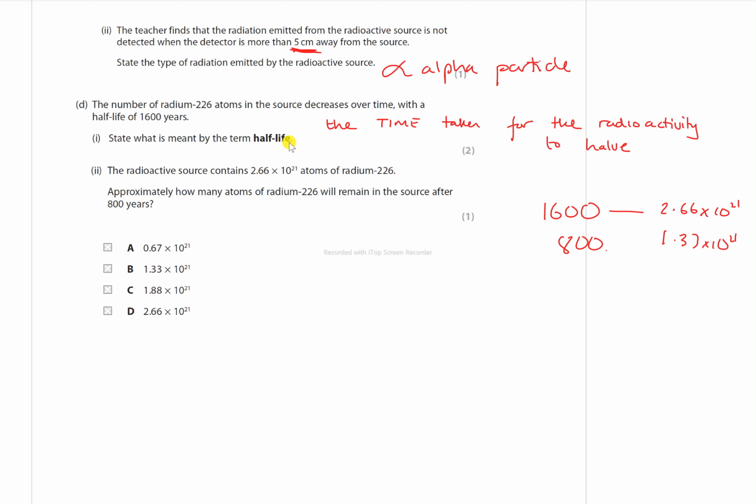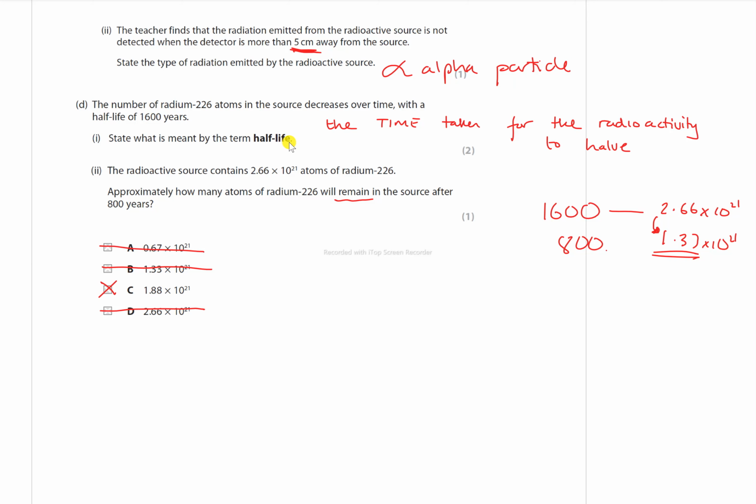Right, so we're only going to lose a quarter. What will remain? Okay, careful. What will remain? If they've asked you for what is going to remain, it will be 1.88, not 1.33. 1.33 would be if you lost half. 2.66 means there's no decay. 0.67 is where it's just totally gone mad.